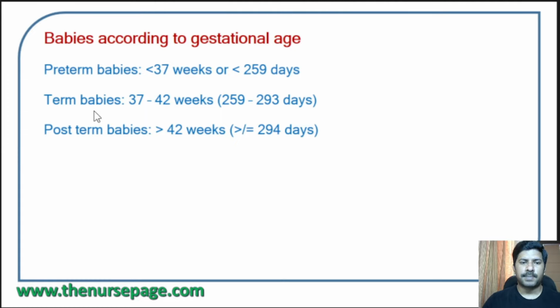During that period, the baby is known as a term baby. And a post-term baby is born after 42 weeks or more than 294 days. So I think it is clear. This is the classification based on gestational age.